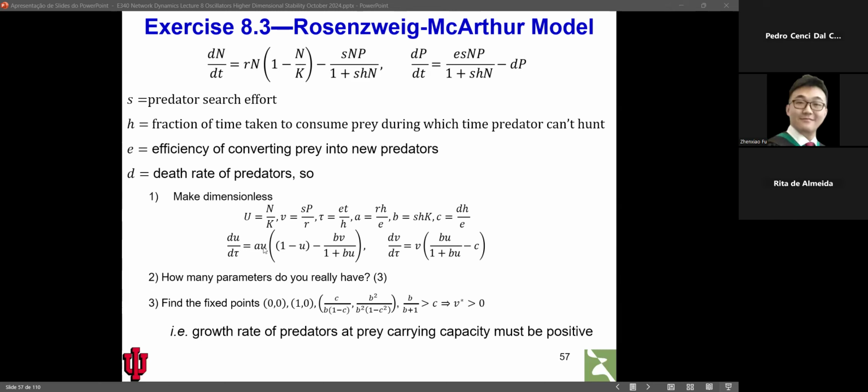So you have 1, 2, and B, 3 different parameters. Right? A, B, well, yeah. You don't have all of them.